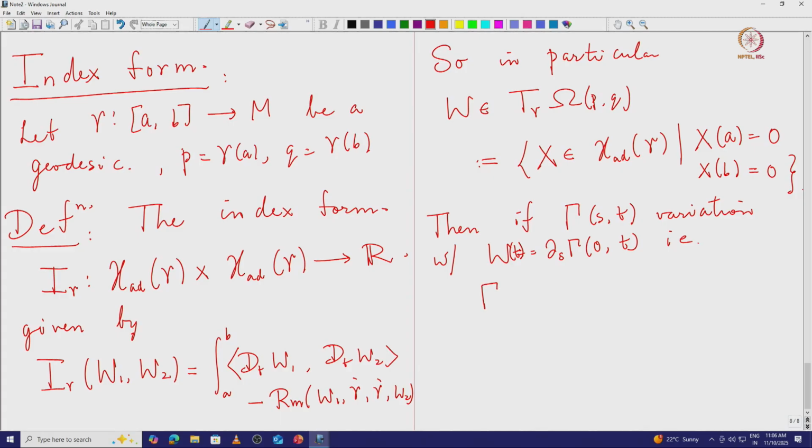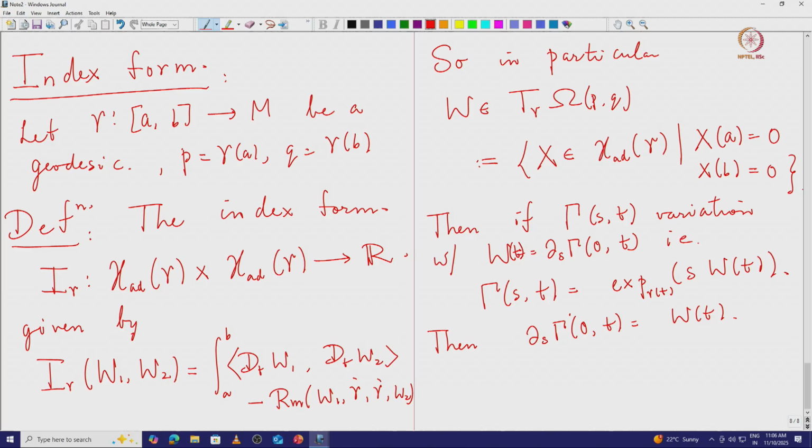For instance, you can just take gamma of s,t to be the exponential at gamma of t of s times W of t. Then if you take the derivative of this at s equals 0, that is precisely going to be W of t.